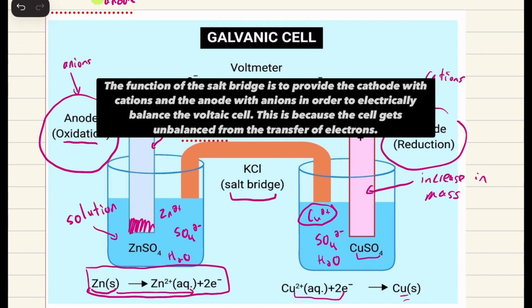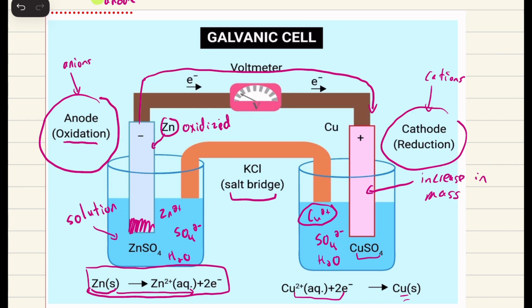Because there's an electron transfer from your anode, which is losing electrons, to your cathode, which is going to gain the electrons that the anode loses, we have to find a way to balance the charges, because as your anode loses electrons, it becomes less negative, and as your cathode gains electrons and therefore becomes more negative, you're going to have an imbalance on both sides.